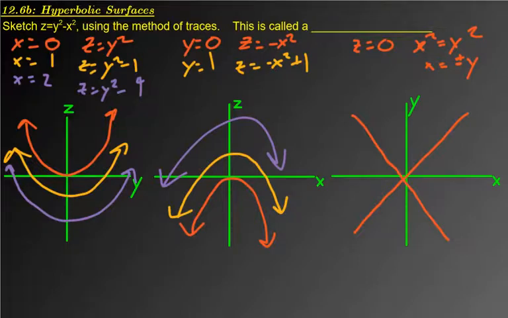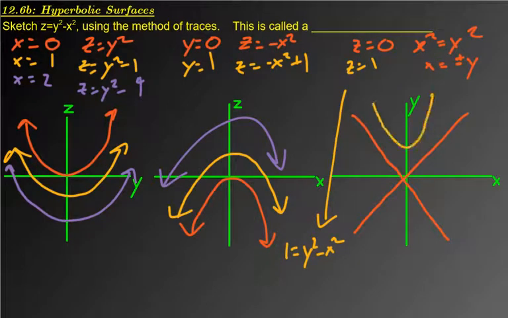Let's say we let z equal 1. Then you would get just 1 equals y squared minus x squared. And since the y squared is positive and x squared is negative, that means it's going to be one of your hyperbolas that open vertically in the y direction. So you're going to get a hyperbola like that. What's another weird one?